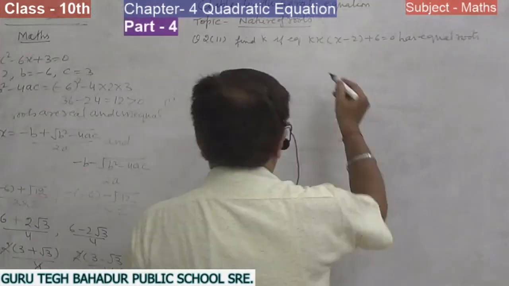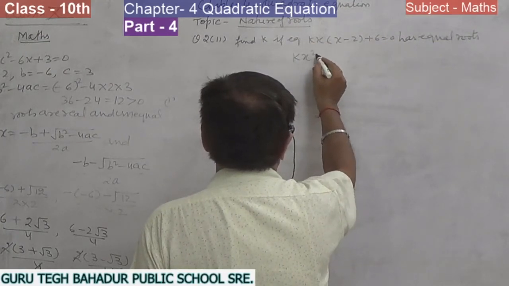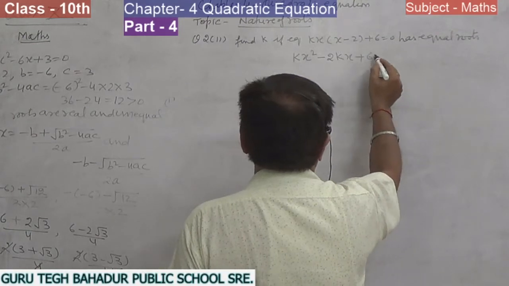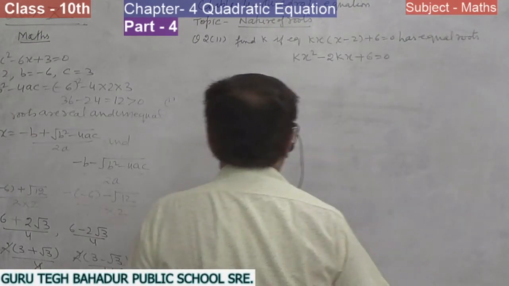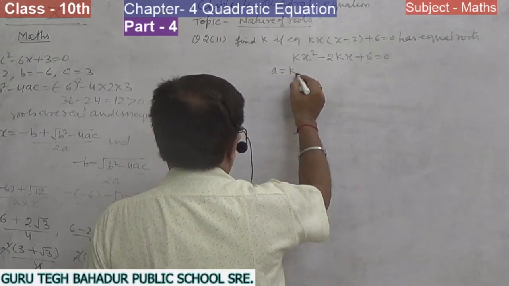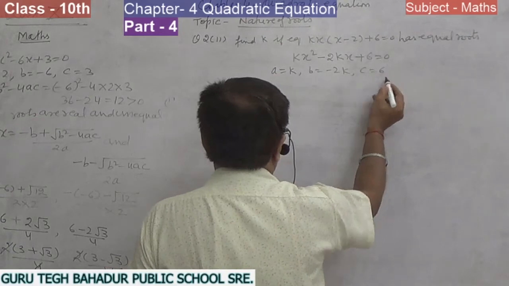Now see it, k into x, that is kx square minus 2kx plus 6 is equal to 0. a is k, b is minus 2k, c is 6.